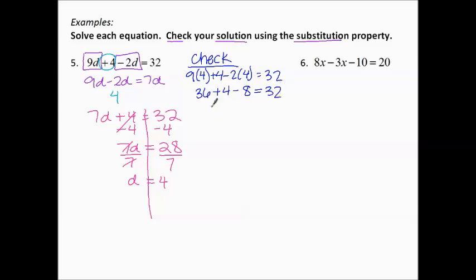Well, 36 plus 4 is 40. 40 minus 8 is 32. And that one is correct. The solution of d equals 4 does work for my equation.